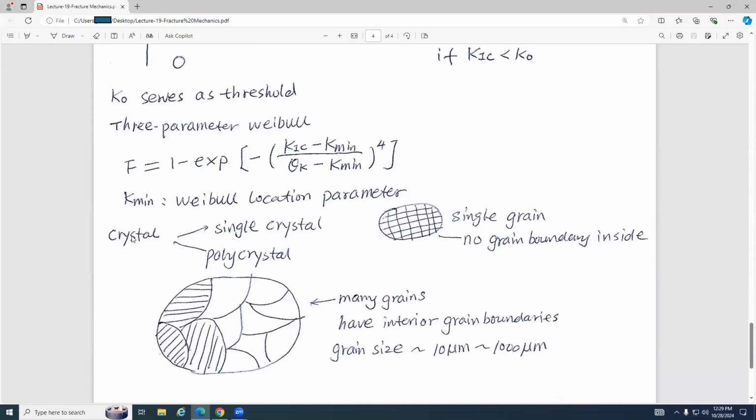And for crystals, we have single crystal and we have polycrystal. Single crystal means no boundary, no grain boundaries inside. For polycrystal, this is the first grain, second grain, third one. Each of these units has shapes.